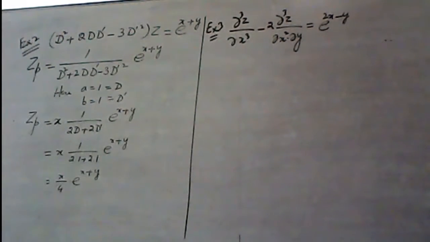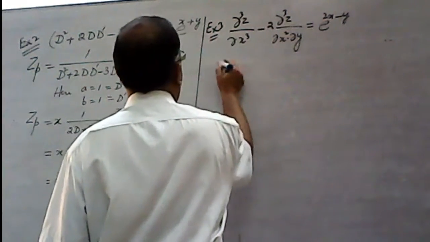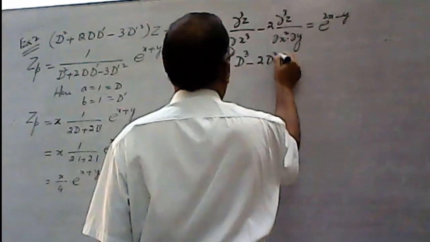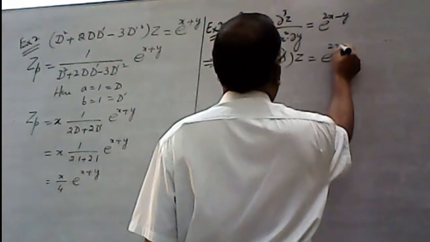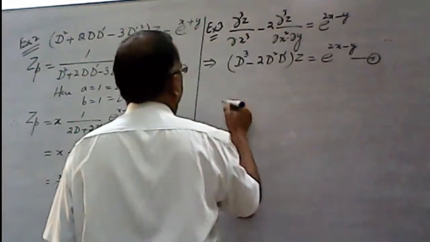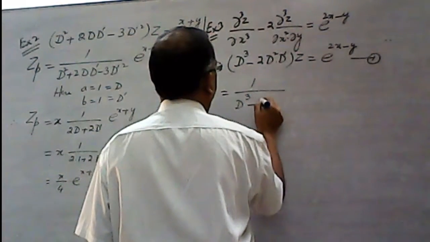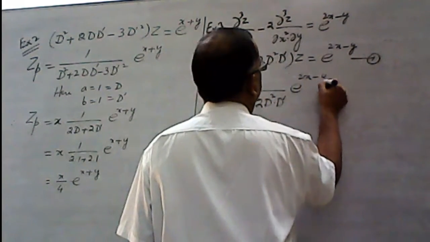Let's suppose I have this as an example. So first we need to write it in operator d form. So this is d cube minus 2d square into d dash of z equal to e power 2x minus y. So this becomes equation 1. Now for the particular integral we will write 1 upon d cube minus 2d square into d dash, e power 2x minus y.